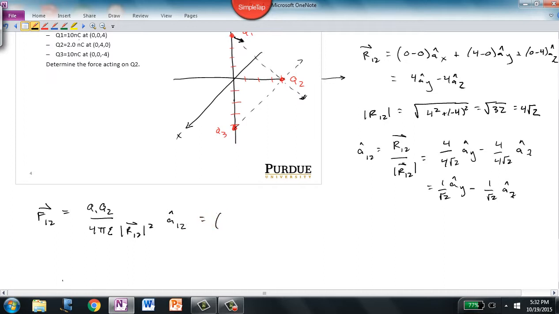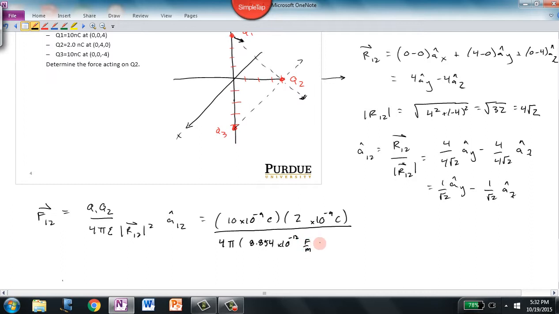That is equal to 10 nanocoulombs, 10 times 10 to the minus 9 coulombs, times the charge here, 2 nanocoulombs, 2 times 10 to the minus 9 coulombs, over 4 pi epsilon. Epsilon is 8.854 times 10 to the minus 12 farads per meter.